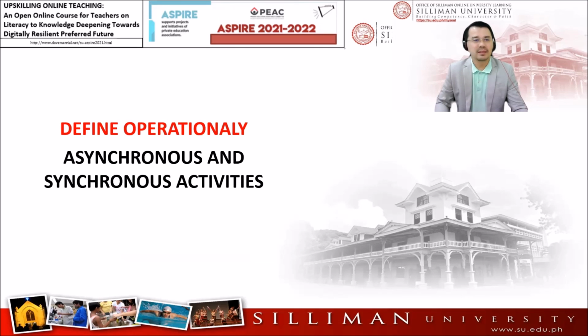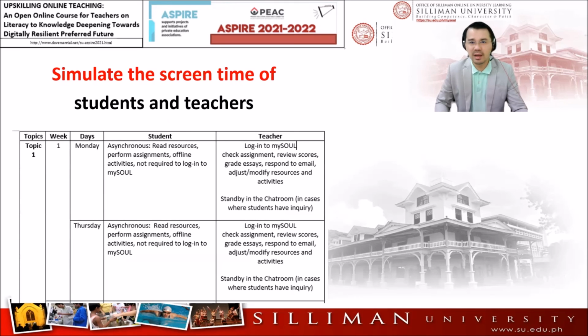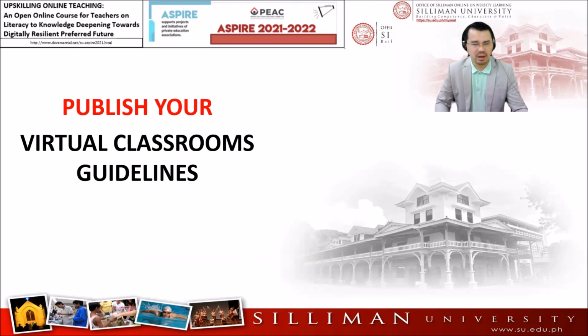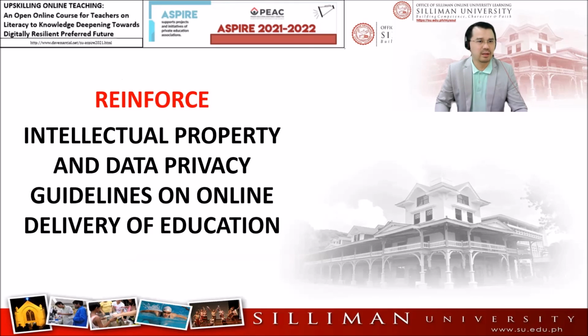Let us define and declare operationally what is synchronous and asynchronous activity, and most of all, simulate the screen time of our students and teachers. Let us also publish our virtual classroom guidelines and reinforce our intellectual property and data privacy guidelines on online delivery of education.